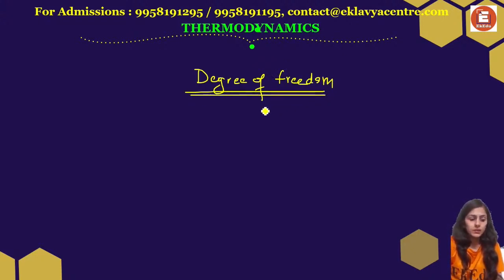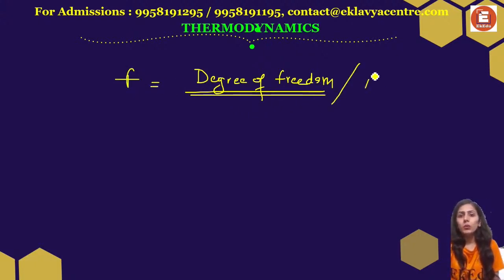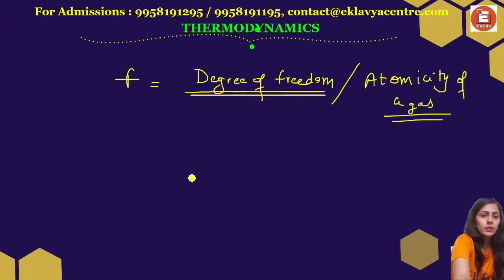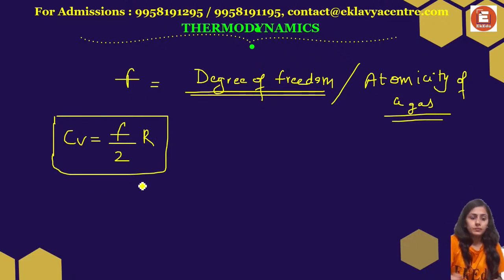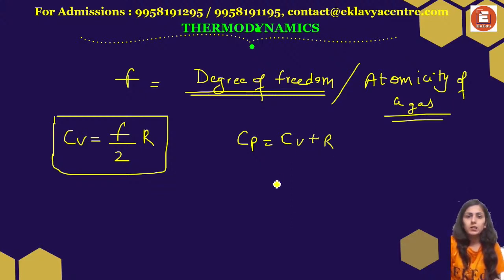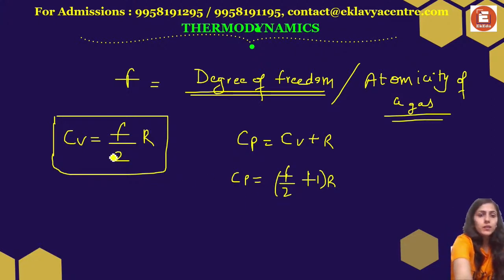Degree of freedom, or atomicity, of a gas: the value of Cv, the heat capacity at constant volume, is equal to F by 2 R. Cp is equal to Cv plus R, so Cp is equal to (F upon 2 plus 1) R. Rather than learning this, you can simply learn Cv, and calculate Cp using Cp equals Cv plus R.